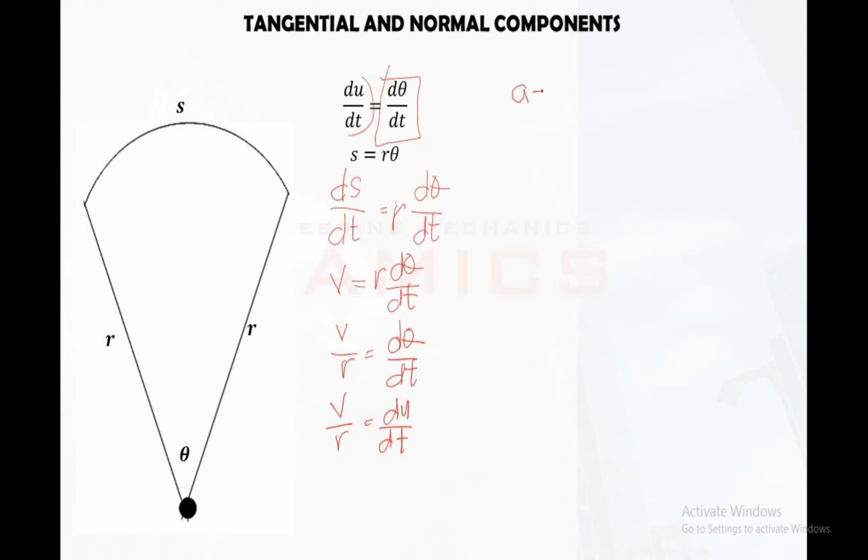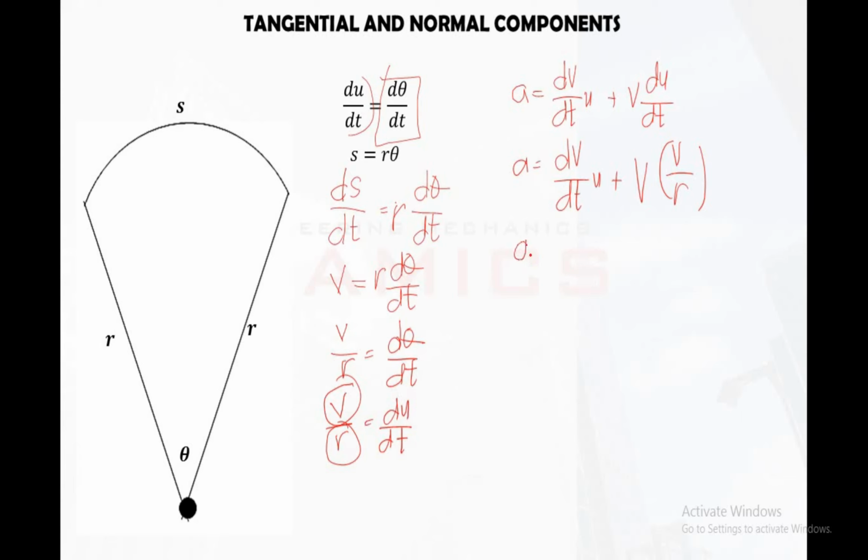So, acceleration, sabi natin kanina, is equal to dv over dt u plus v du over dt. So, if I'm going to substitute the values here, dv over dt u plus v, our du over dt is v over r. Now, you have to take note again, itong v na ito, that is the velocity, itong r, that is the radius of curvature.